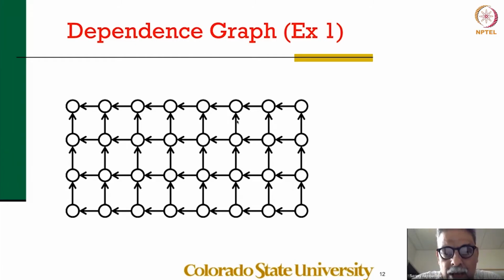Not only does iteration IJ write into memory location BJ, it overwrites a value that was previously written there by someone else, right? It overwrites the value from iteration I minus 1J. You agree?